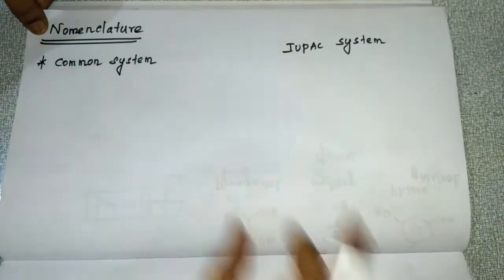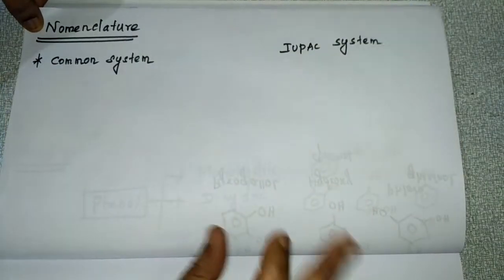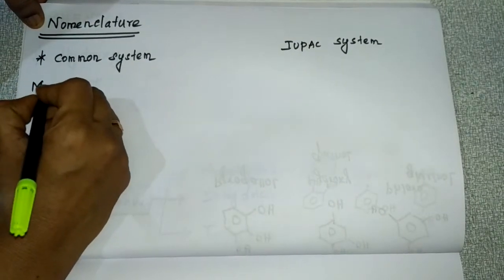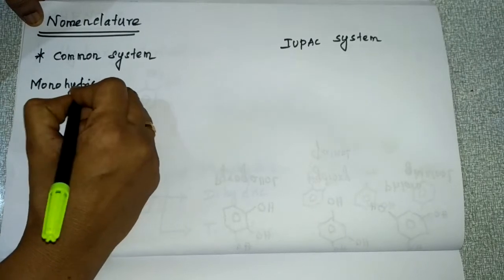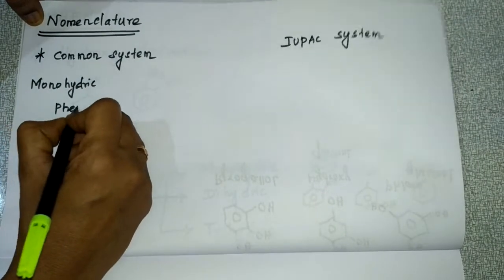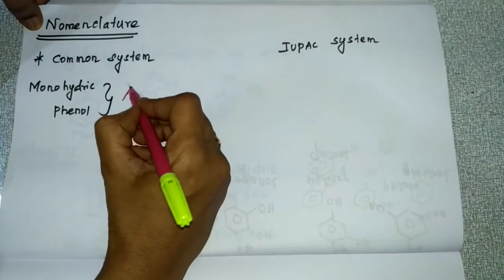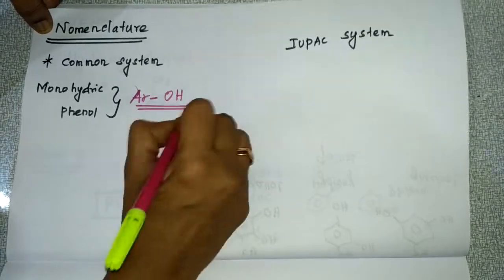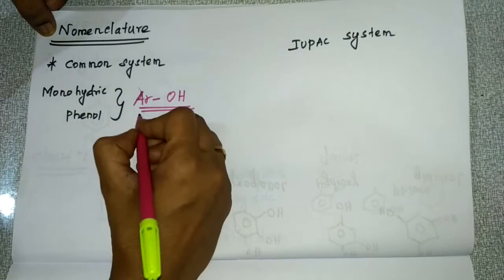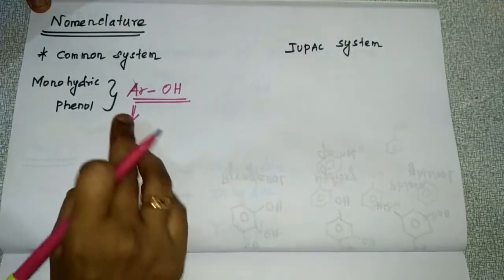In the common system, the general formula for monohydric phenol is ArOH. So what does this Ar represent?